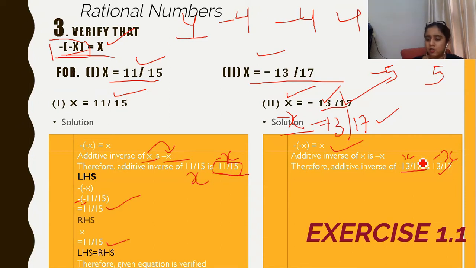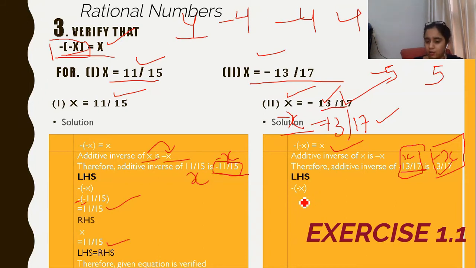Now I know the value of x, that is minus 13 upon 17 that they have given me, and I also have the value of minus x which I have found by taking the additive inverse of x. So it's 13 upon 17. So we will do the left hand side first. Left hand side is minus bracket minus x.